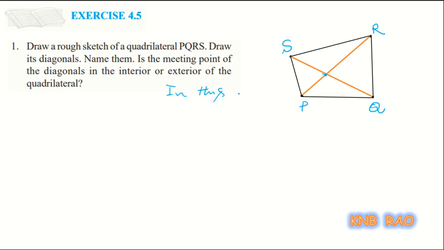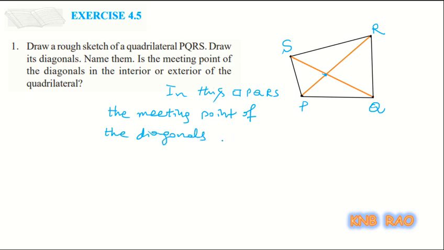In this quadrilateral PQRS, the meeting point of the diagonals, which are the diagonals here?